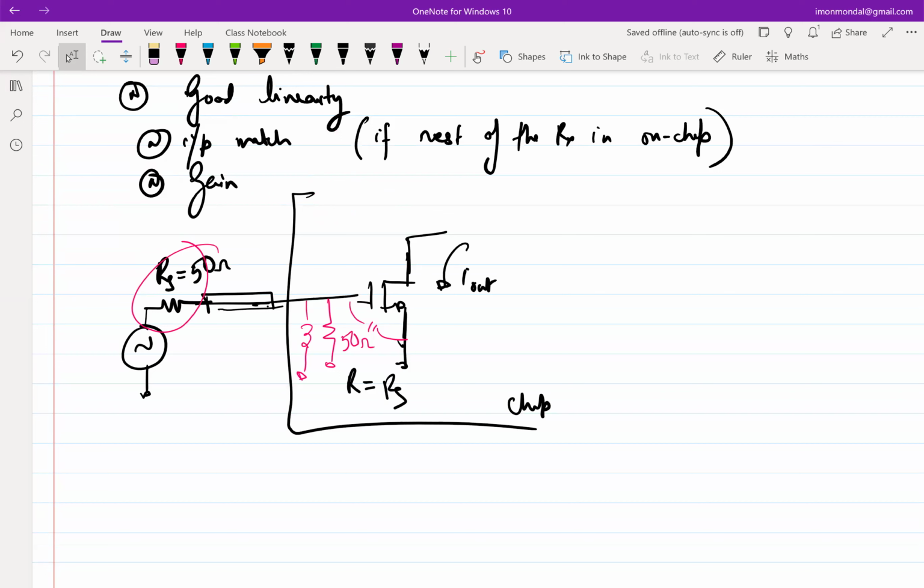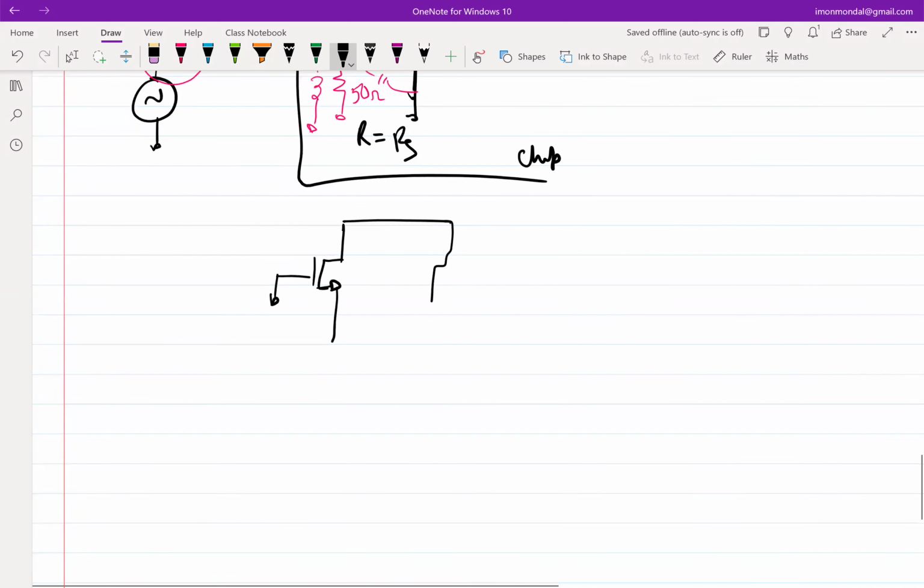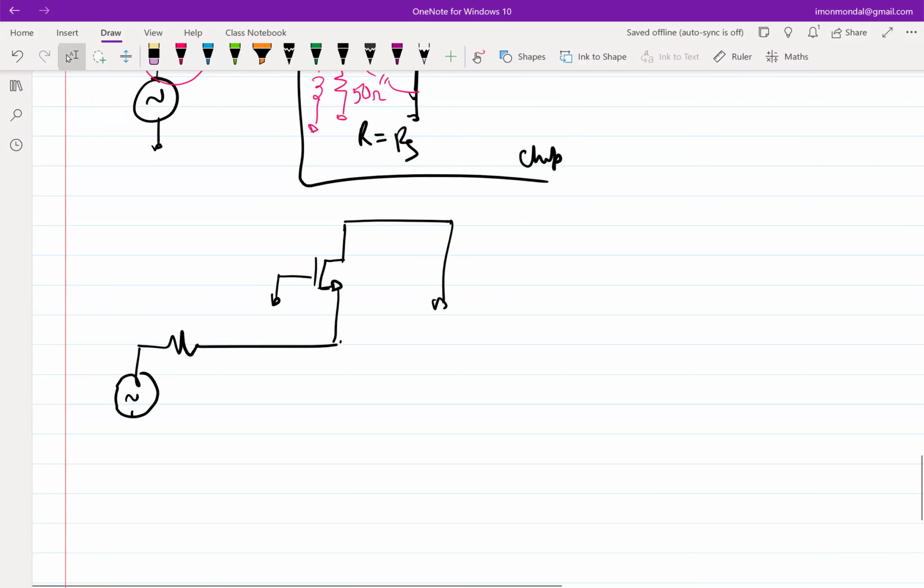So what about common gate configuration, right? You are doing the assignment, it has a common gate configuration. So the reason common gate is useful is because, again, biasing not shown, you do not need a separate, explicit matching network.